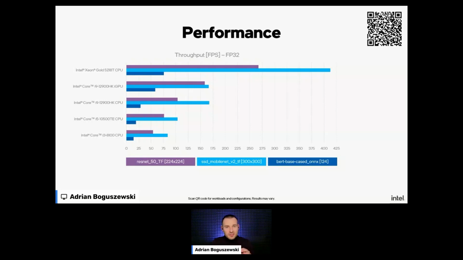But what's important, if we use Core, which is like the CPU from your laptop, right? 12th generation, 10th generation, even 8th generation, the results are also pretty good. In case of Intel Core i3, 8th generation, and 8th generation is from 2017, so it's a 6 years old CPU, and in case of image classification or object detection, you still have more than 50 frames per second.